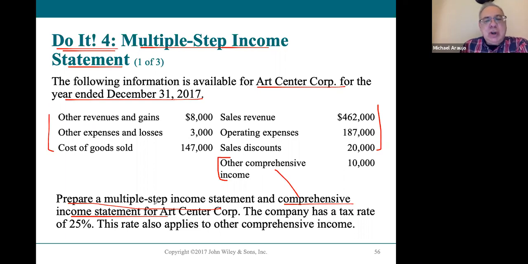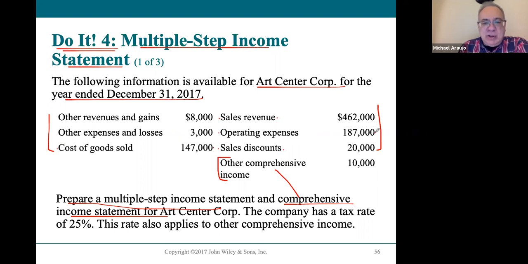Okay. So multi-step income statements are like any other income statements. They start with revenue. But in this case, they give you sales revenue and they also give you sales discounts. So you're going to have to subtract the sales discounts away to get net sales, right? From your net sales, you subtract out your cost of goods sold. That gives you your gross profit. From your gross profit, you subtract out your operating expenses.